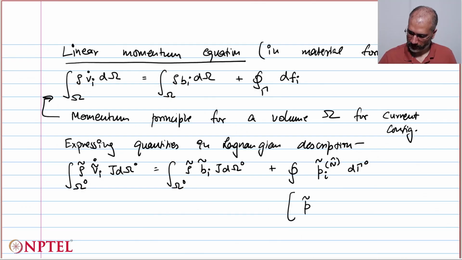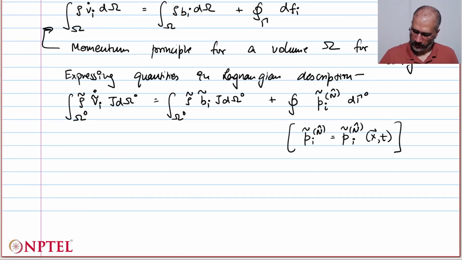So P tilde means that this is expressed in the Lagrangian coordinates. Now in the above equation, I will combine the terms rho tilde and J together. I'll tell you why.